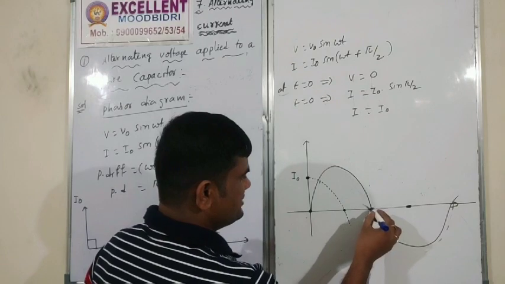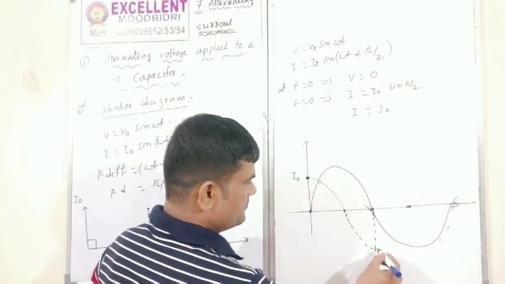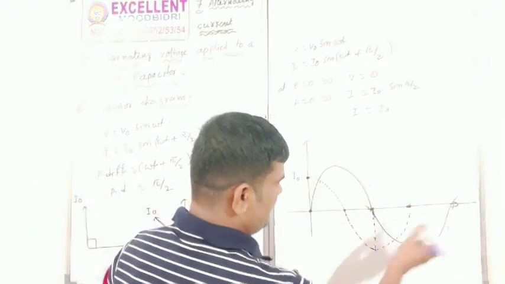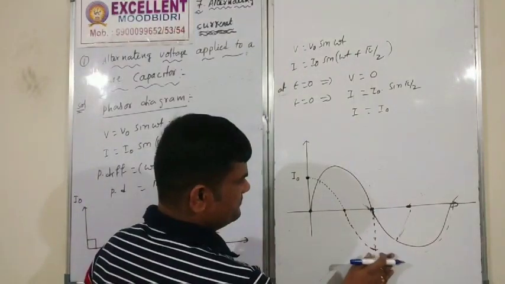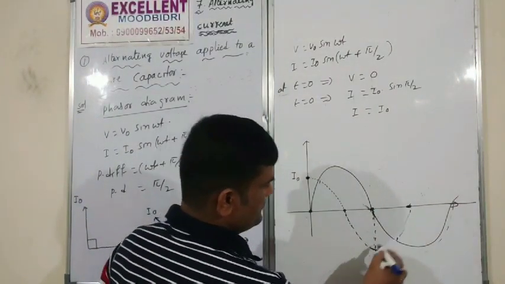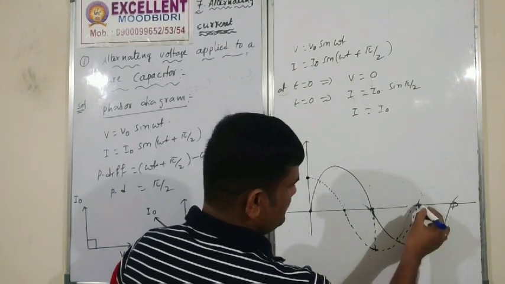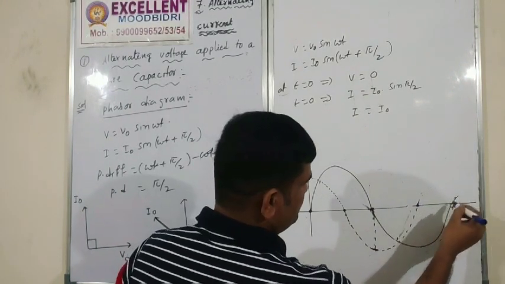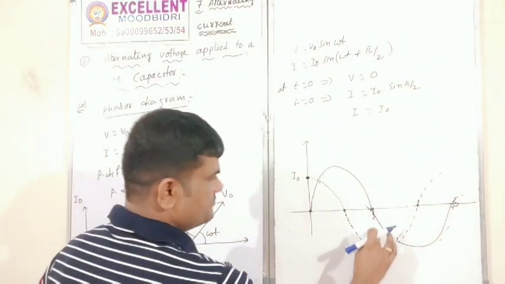This is V minimum, the current is maximum. Again minimum. This is the current graph. This is the maximum, this is the minimum. So that is the wave diagram.